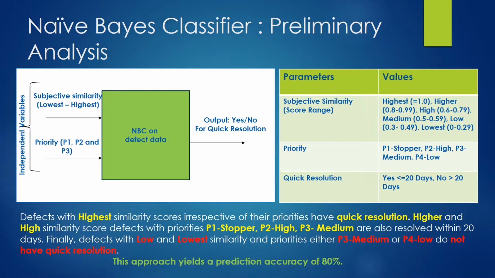Finally, defects with low and lowest similarity and priorities of either P3 medium or P4 low do not have quick resolution. This model yields an accurate prediction of 80%, which is pretty good when we look at the accuracy of text classification algorithms available today. This accuracy can be further increased by training the model continuously on more data.